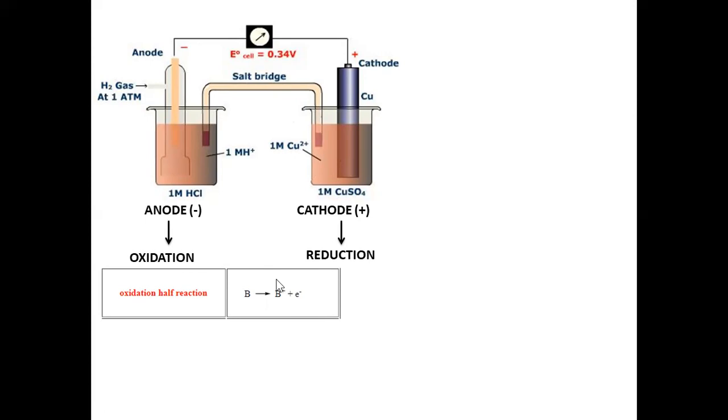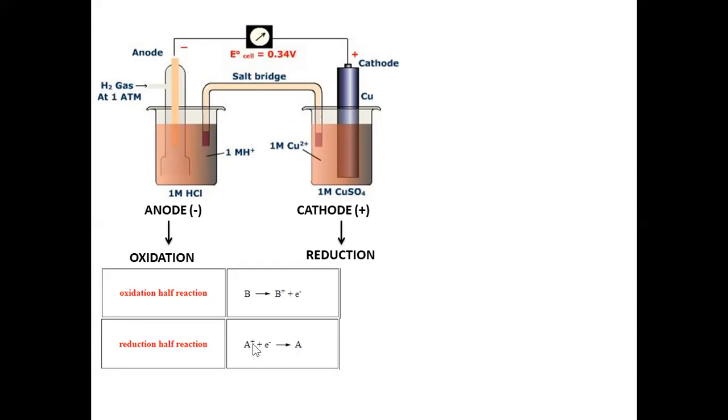Now let's proceed with the reduction half-cell reaction. Say for example, we have an elemental A with a positive charge of positive 1, and then this is reduced to A. When we say reduction, it is the gain of electrons on the reactant side.